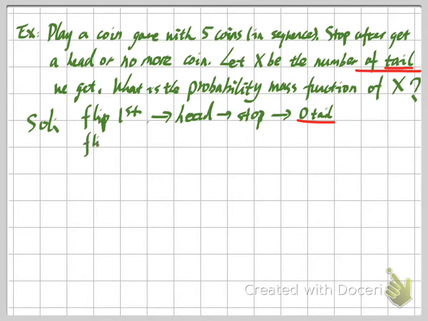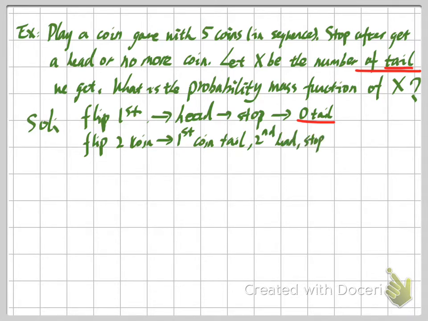However, if we flip two coins, and the first coin is a tail, then because we got a tail, we can continue to flip. We flip the second coin, and if we get a head, then we stop.